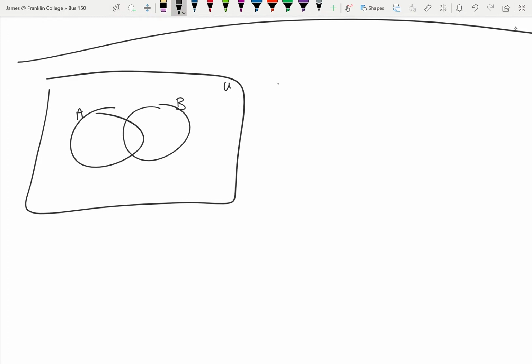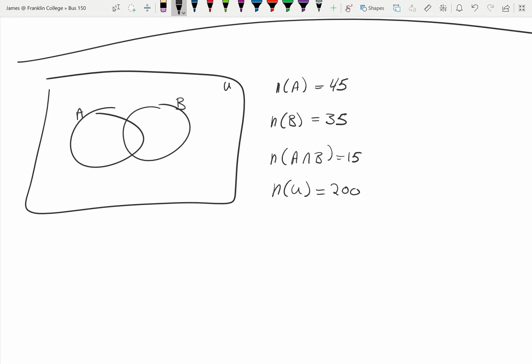So if we know that the number of elements in A equals 45, and we know that the number of elements in B equals 35, the number of elements in A intersect B equals 15, and the number of elements in the universal set equals 200. Alright, so I am saying that this is a given.